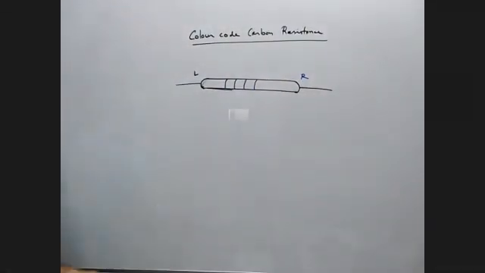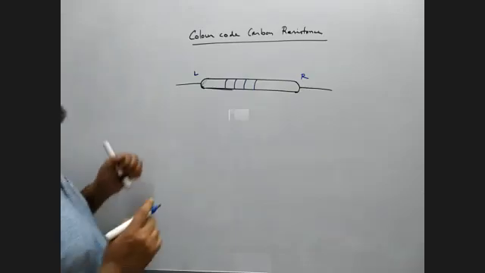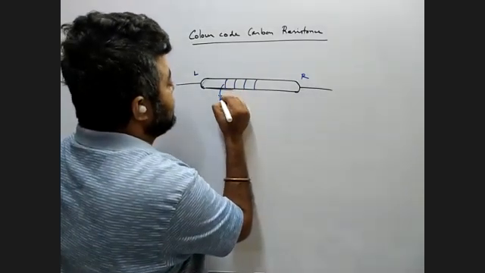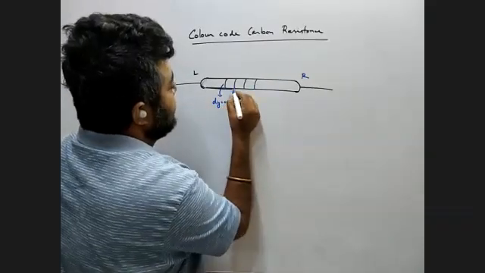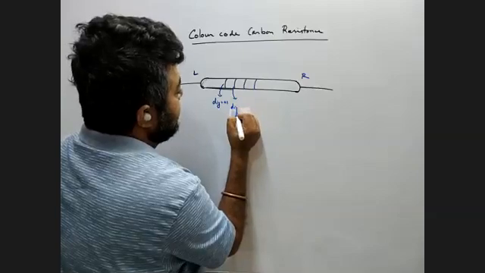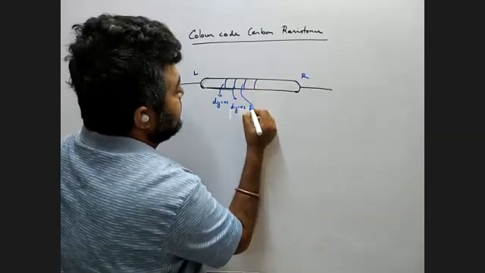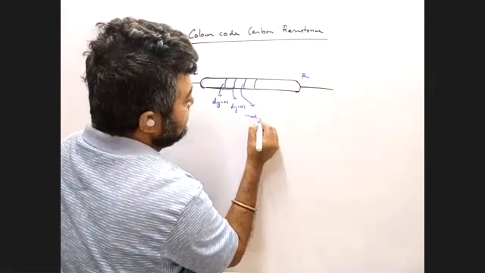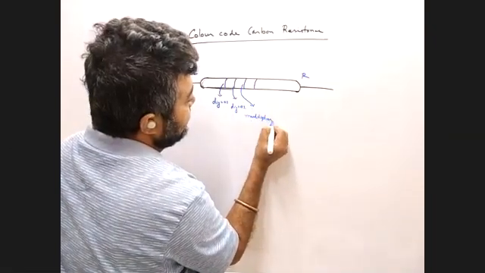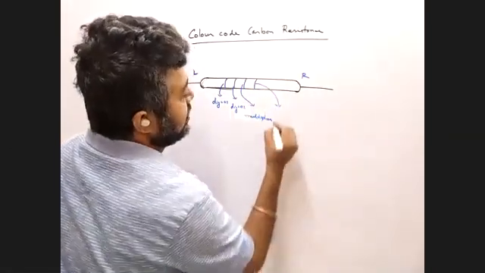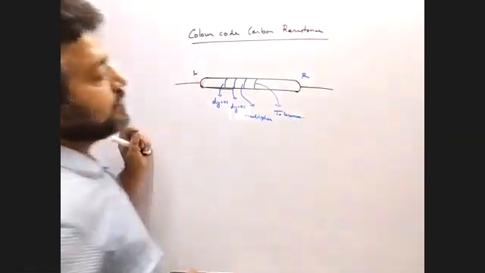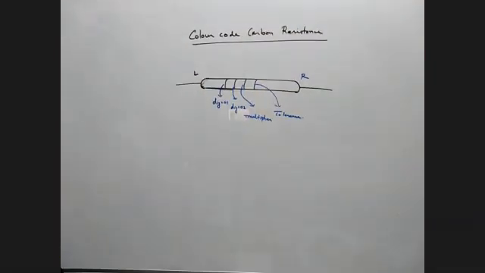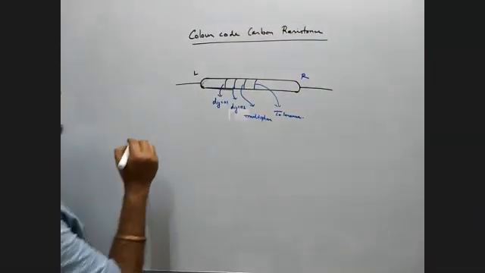The first 2 colors are the digits, so the first one is digit 1, the second one is digit 2, the third one is the multiplier, and the fourth color represents tolerance.